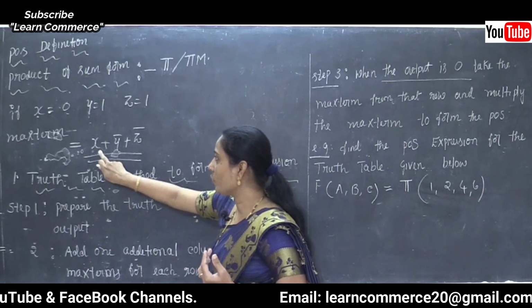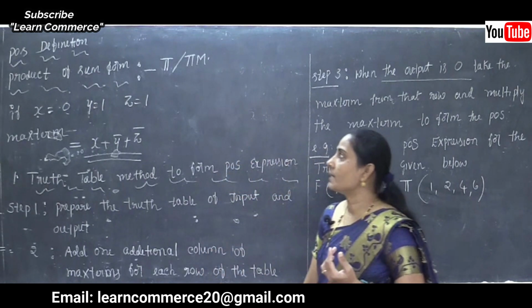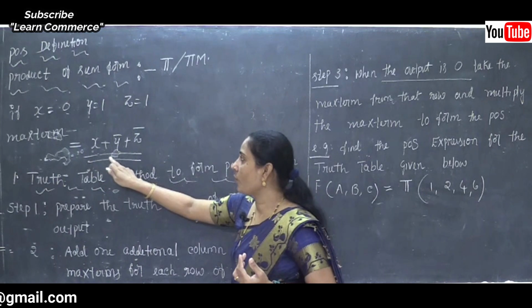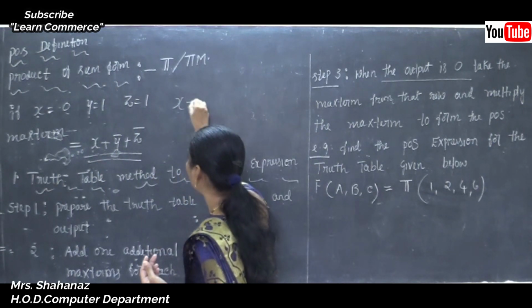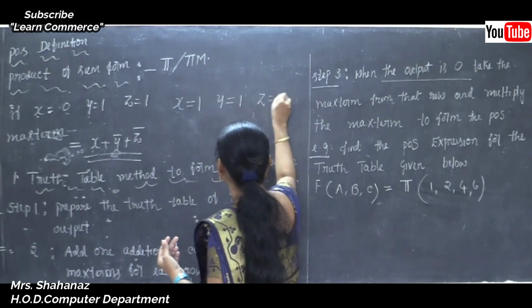So I am going to complete it for the value x equal to 0, y equal to 1, z equal to 1 here. The value is x plus complement of y plus complement of z. Maybe the second example, x value is equal to 1, y value is equal to 1, z value is equal to 0.